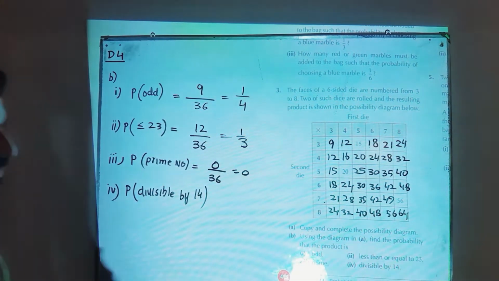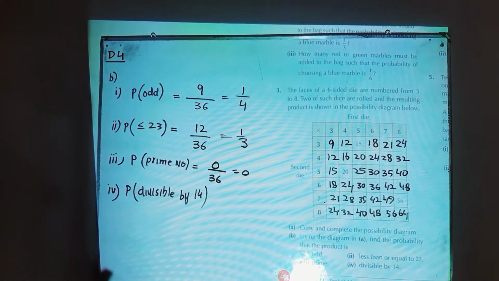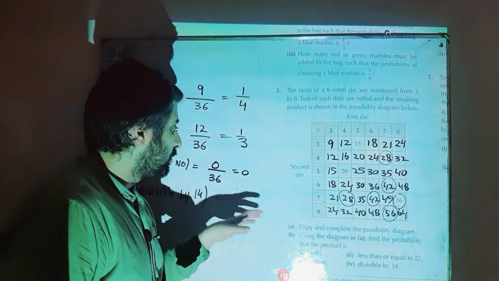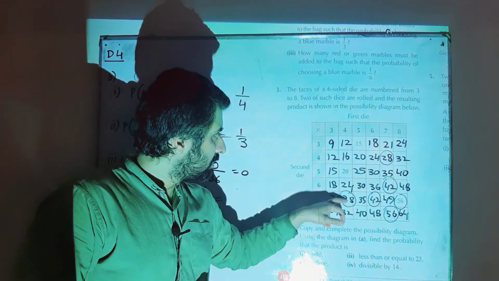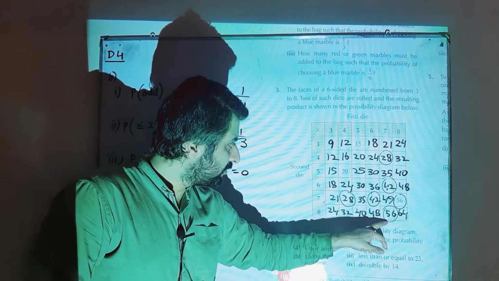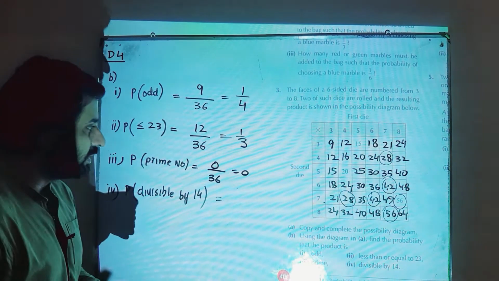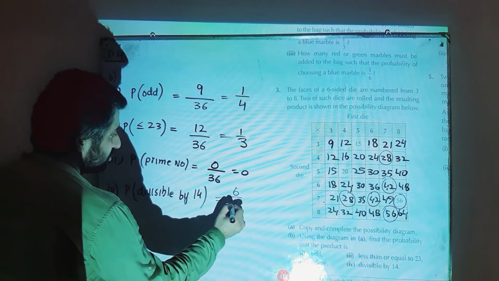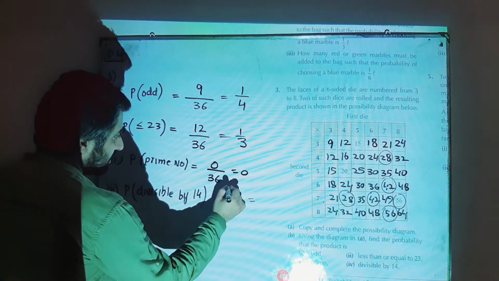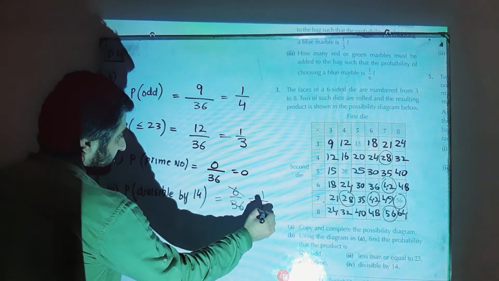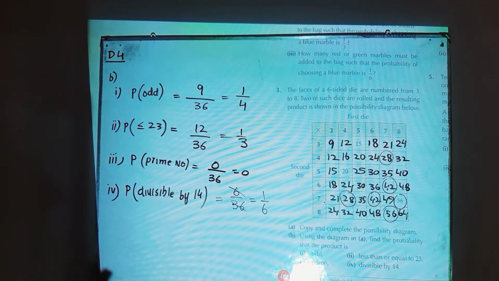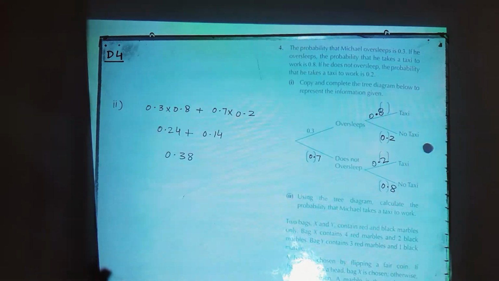What about 56? So we have 6 numbers which are divisible by 14. 28 is twice, 42 is twice, and 56 is twice. So we have 6 numbers that are divisible by 14 out of total number 36, and you can simplify it. So 1 over 6 is your answer for part number 4 of this exercise.